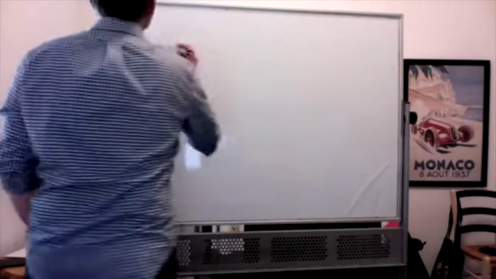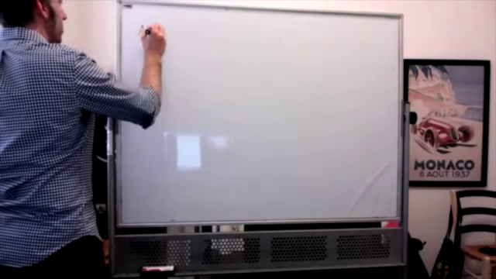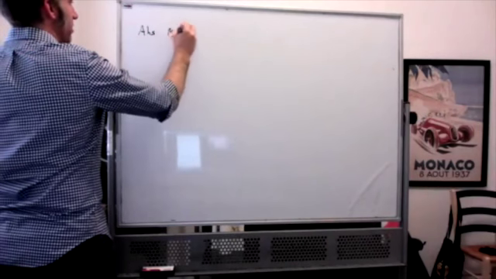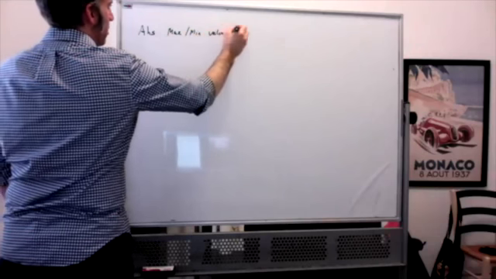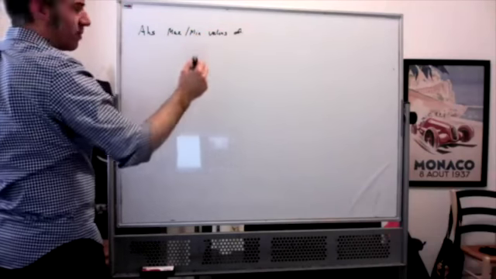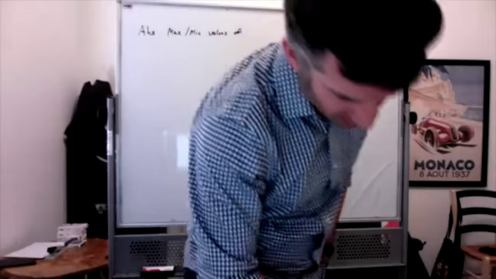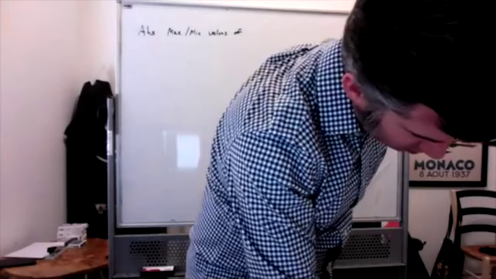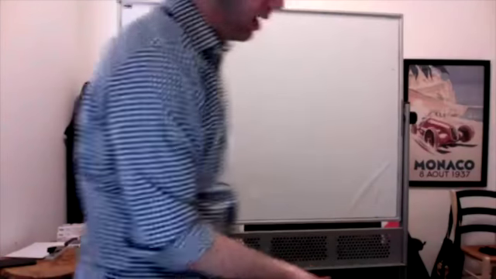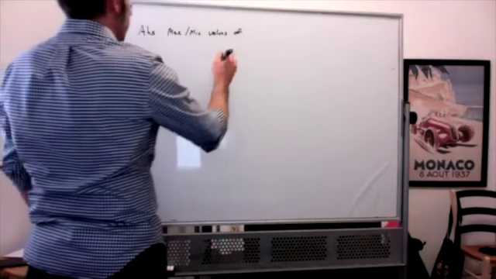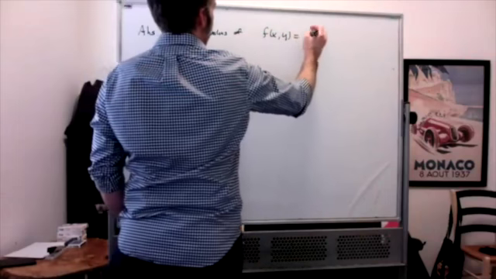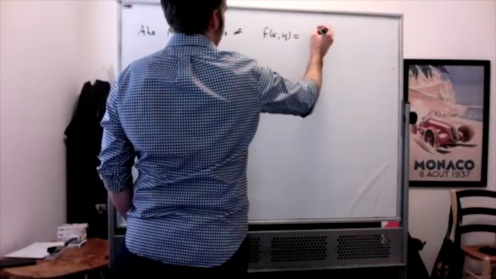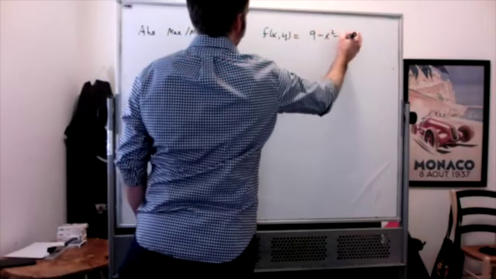So I want to find the absolute maximum and minimum values of, I should say, the absolute maximum and minimum of the function, our good old function, 9 minus x squared minus y squared.